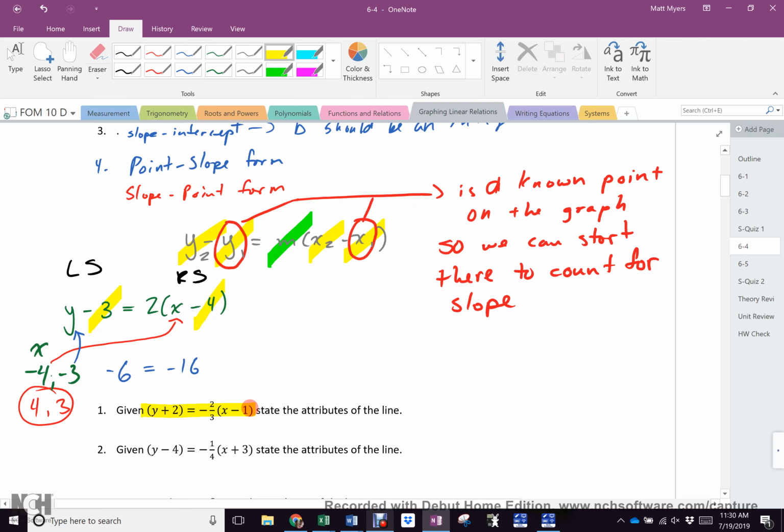I want to know the attributes of that line. Attributes mean anything you can tell me about that line. For example, some of my attributes are stunningly handsome, really funny, incredibly intelligent, and things like that. Some of your attributes are almost as incredibly intelligent, almost as stunningly handsome or pretty, and almost as uproariously funny.